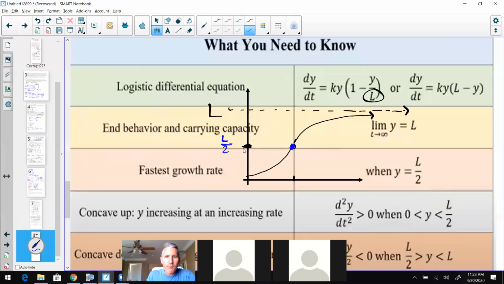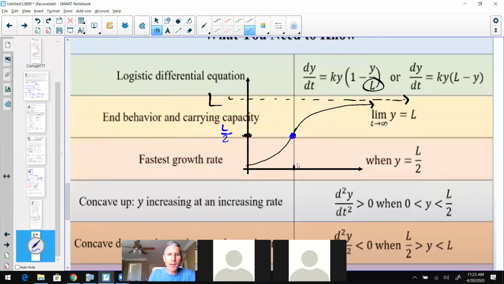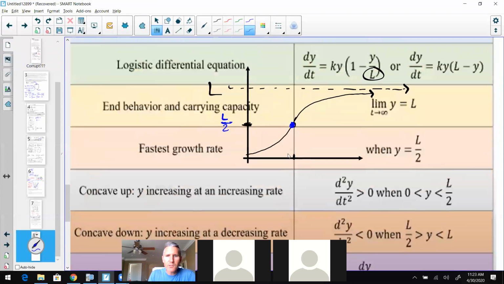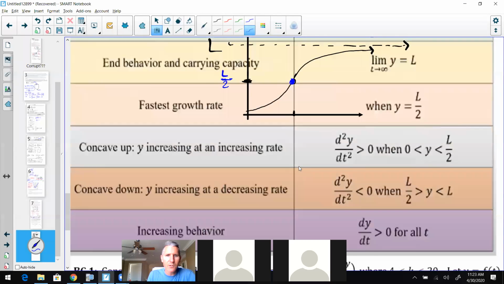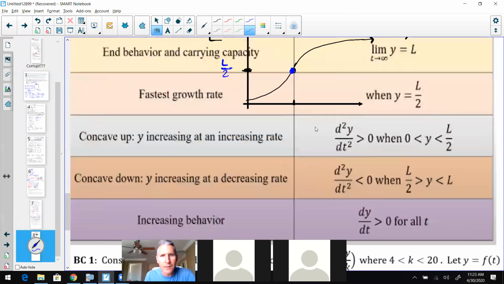So that's what we got going on right there. So this would be the t value that you would have to plug in to find, if you're given the carrying capacity, whatever that limiting size divided by 2 is, that's the time that is associated with that. So let's go back down now that we've kind of reviewed that a little bit.